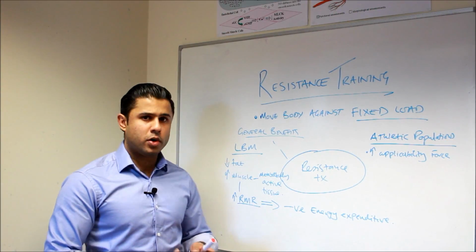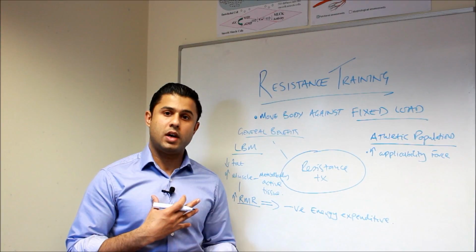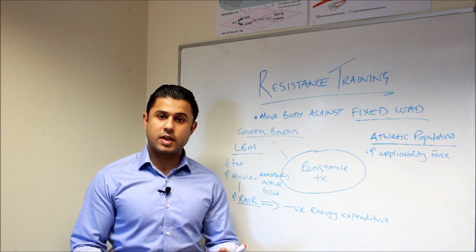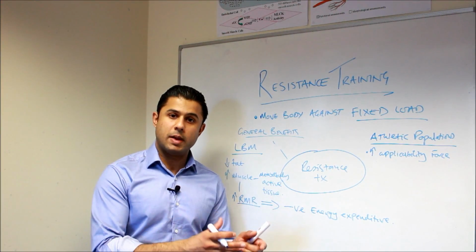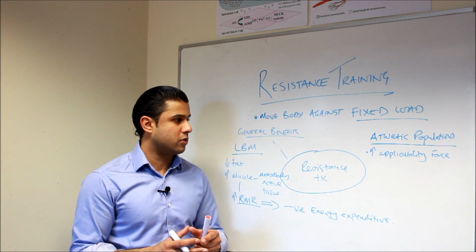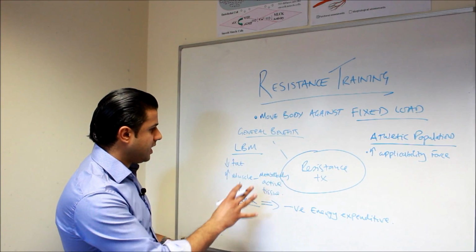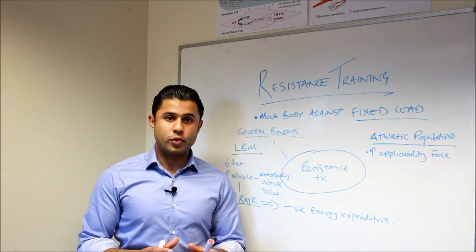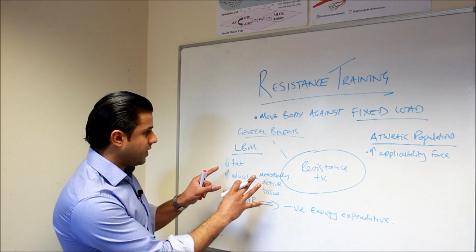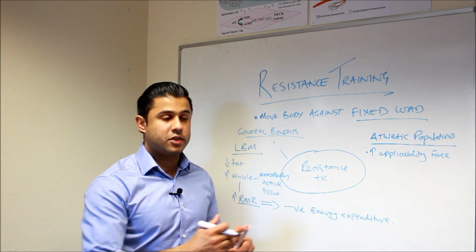But of course, there are studies that are showing that resistance training has positive effects on the heart and the vasculature of the heart, and can reduce blood pressure, for example, also reduce the risk of diabetes and other things which attack our blood vessels and cause damage to our blood vessels. So hopefully you can see from some of the things that we've gone through some important benefits of resistance training, and of course all of these benefits we've talked about here do also apply to athletic populations as well.